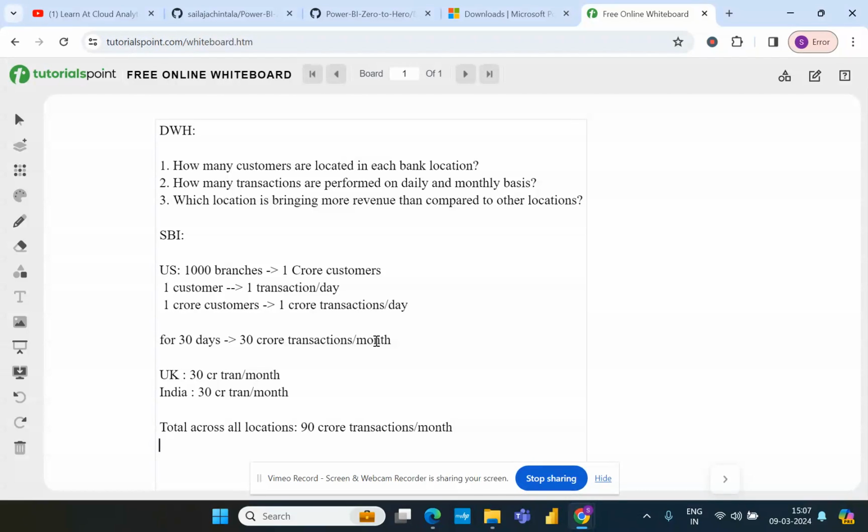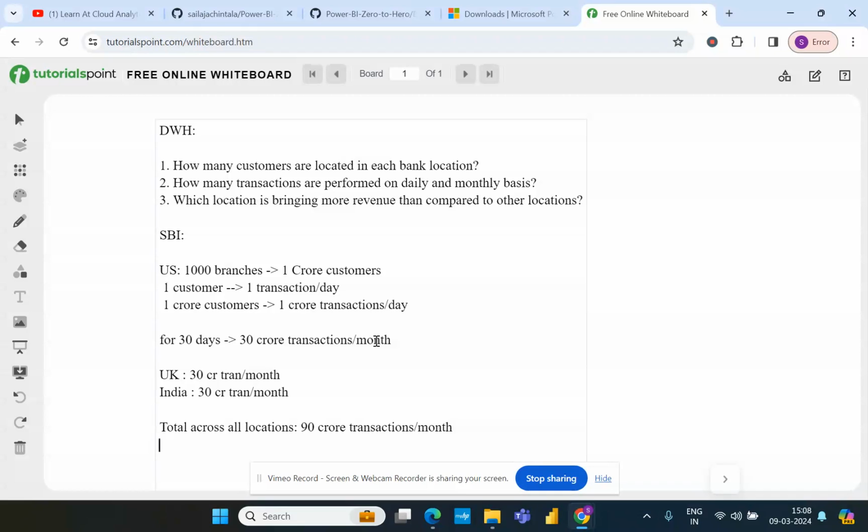For this particular scenario, we just took around 1 crore transactions per day, but in a real-time situation, there could be many more transactions than this count, right? So in that situation, IT comes into the picture. They would approach IT, which is nothing but information technology.